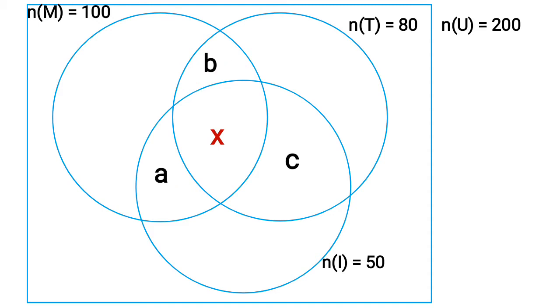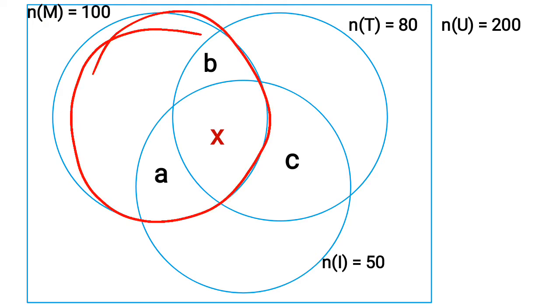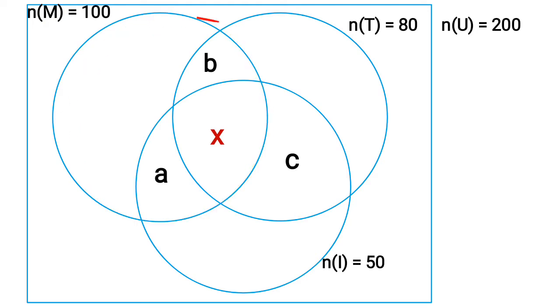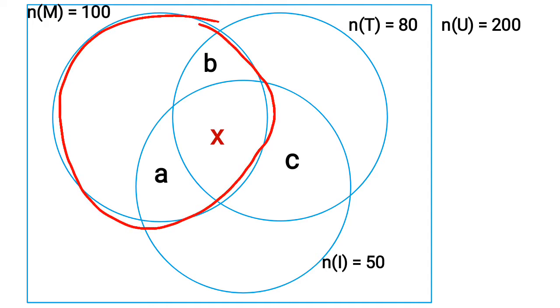Now that we have exactly 2, we are supposed to look at our onlys, our only ones, exactly ones. How do we get it? Let's take the circle for malaria. We are saying that the whole circle for malaria is 100.